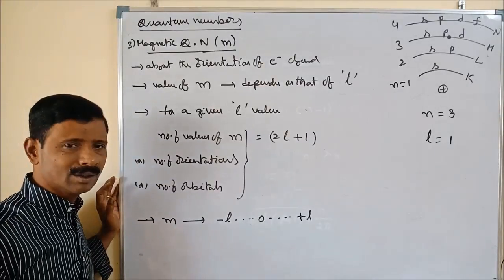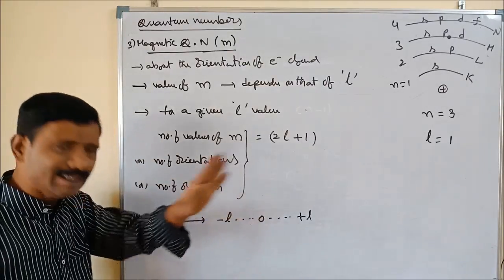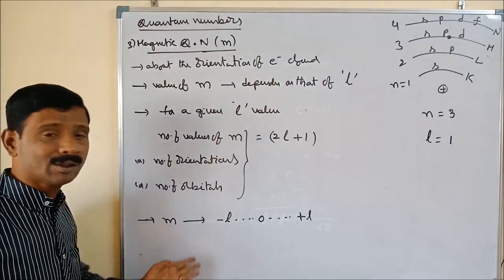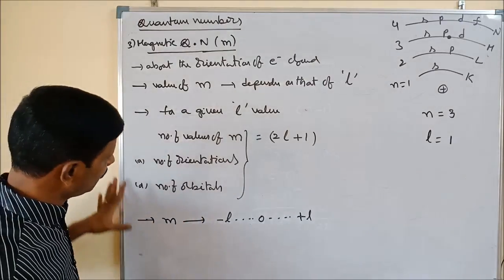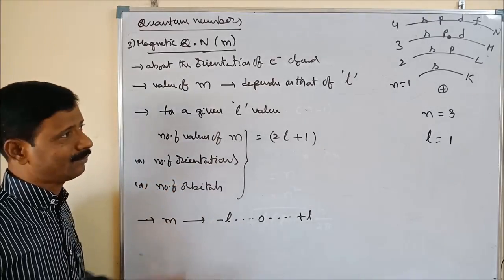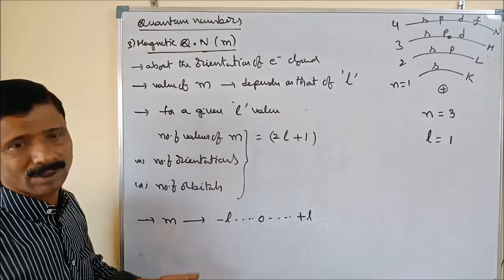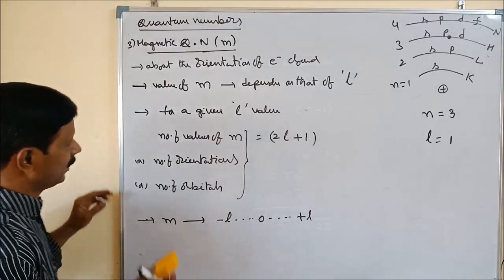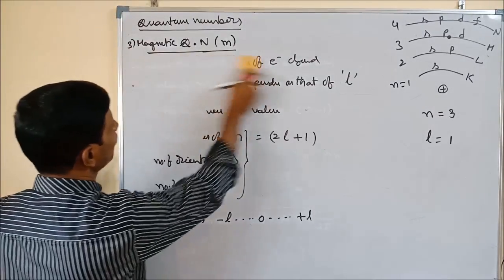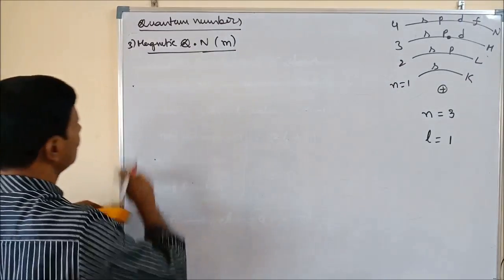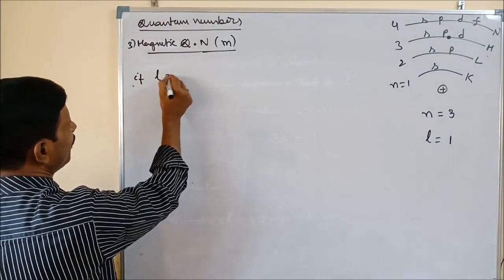Minus L to 0 to plus L. So that is the range of m values, minus L to plus L. Now this concept, if you apply it for L equal to 0, L equal to 1, L equal to 2, like that. Suppose L equal to 0.